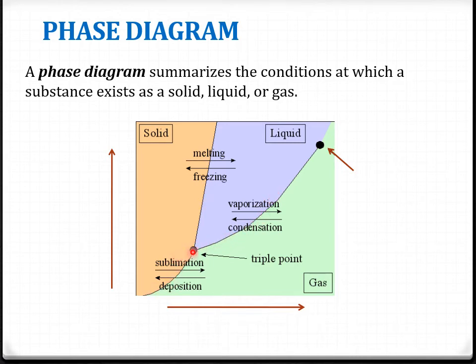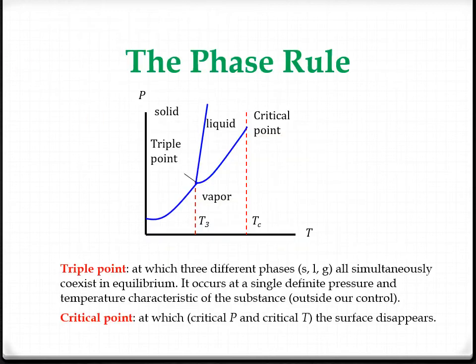On the line of the phase boundary, you can see there are two points. One is the triple point and the other is called the critical point. What do we mean by the triple point and critical point? The triple point indicates that three different phases, which are solid, liquid, and gas, simultaneously coexist in equilibrium.